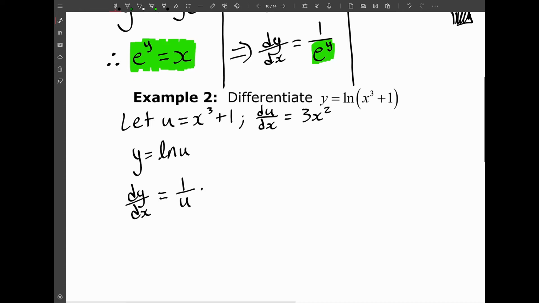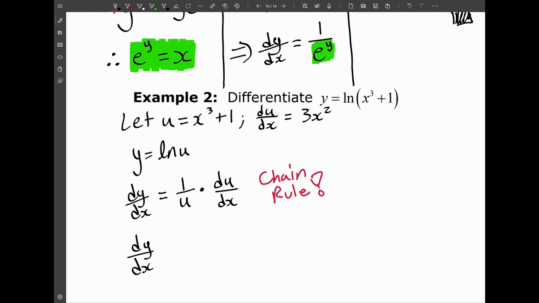But we have to multiply by the derivative of the interior function, du/dx. Chain rule, right? Cannot forget chain rule. Then we finish this thing up by substituting that u and du/dx back into the equation. So this becomes 1 over x cubed plus 1 times 3x squared.